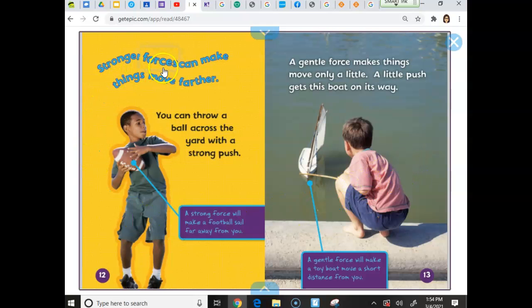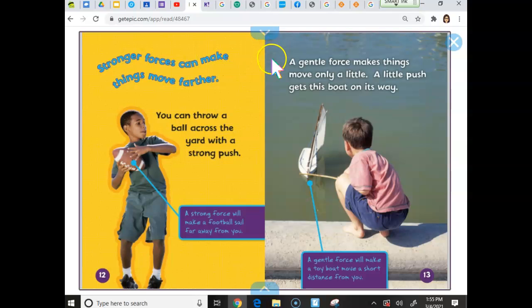Stronger forces can make things move farther. So the stronger the force, what's going to happen? Yes, the farther it should move. You can throw a ball across the yard with a strong push. A strong force will make a football sail far away from you.